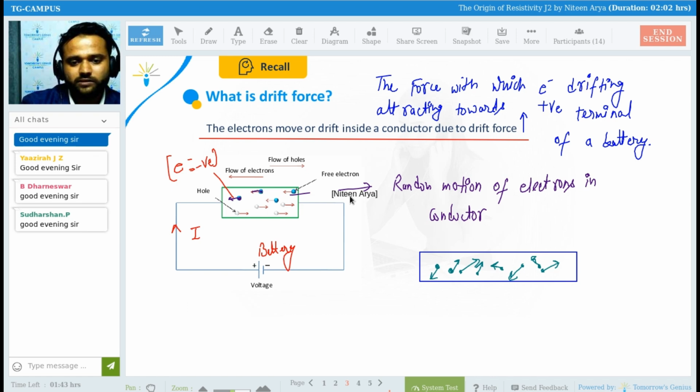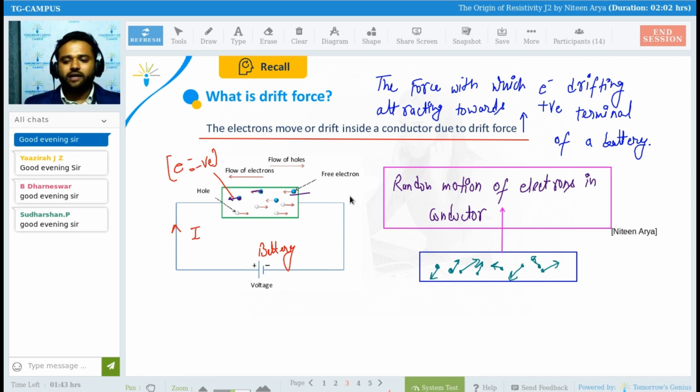So removing this, you can understand in this way. Clear, everyone? This is your random motion of electrons in a conductor. Everyone clear what is a drift force or what is random motion of electrons? Just type yes if it is clear.